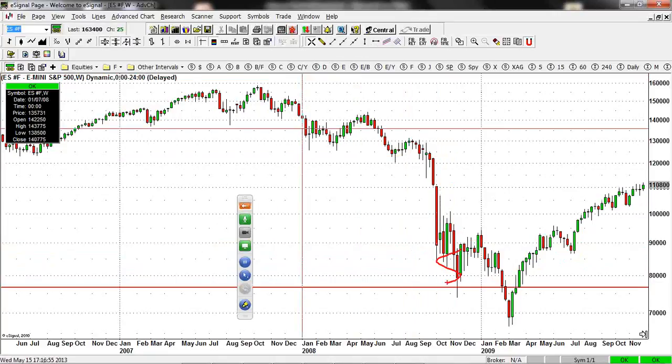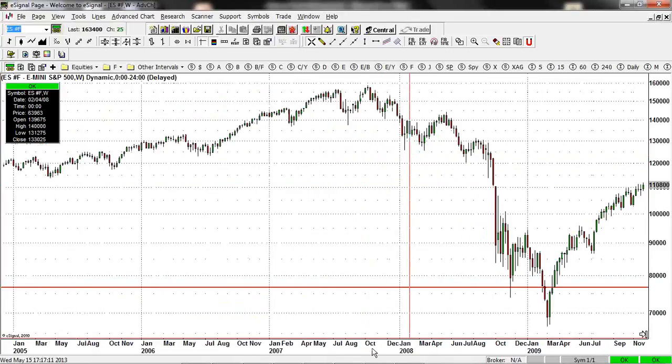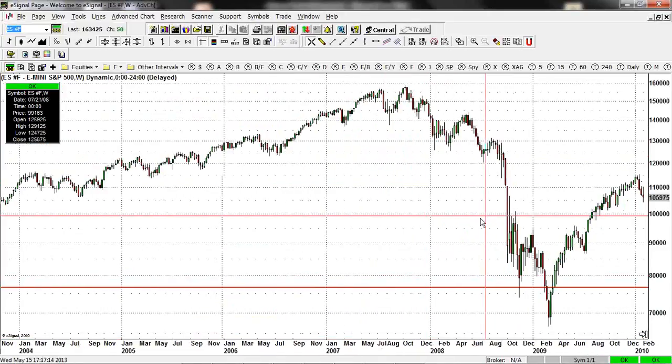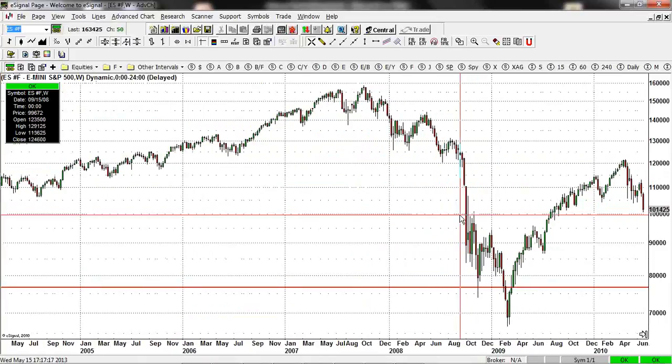This is roughly the shoulder area here, the head, the right shoulder. But I know folks that just love to trade the weekly charts because they love to be in positions for a year, 2 years. That's no problem.